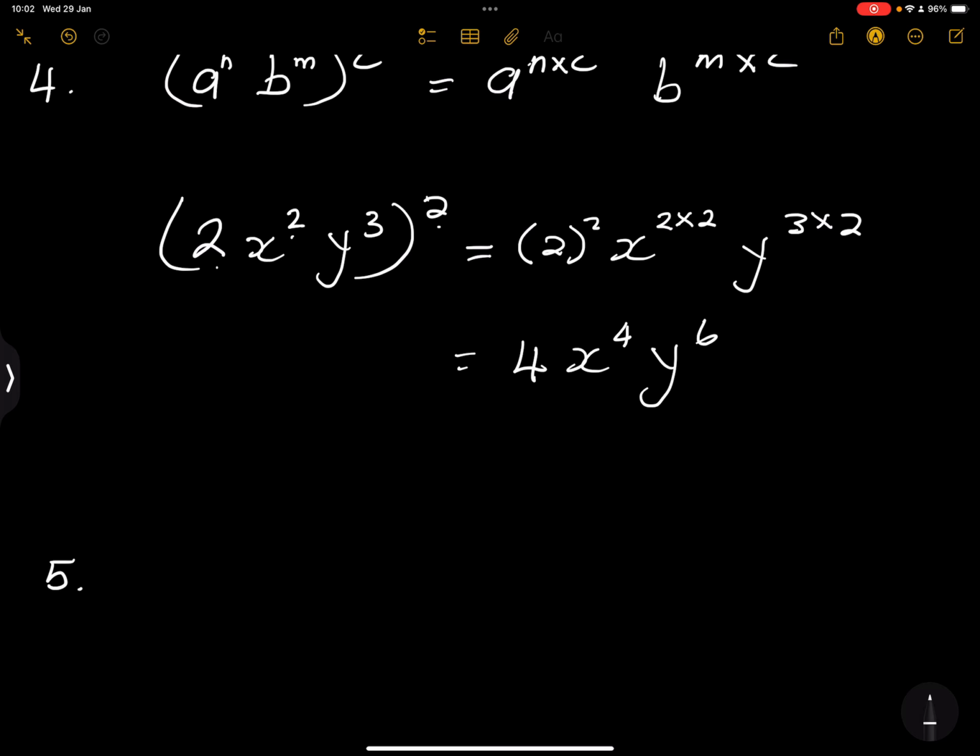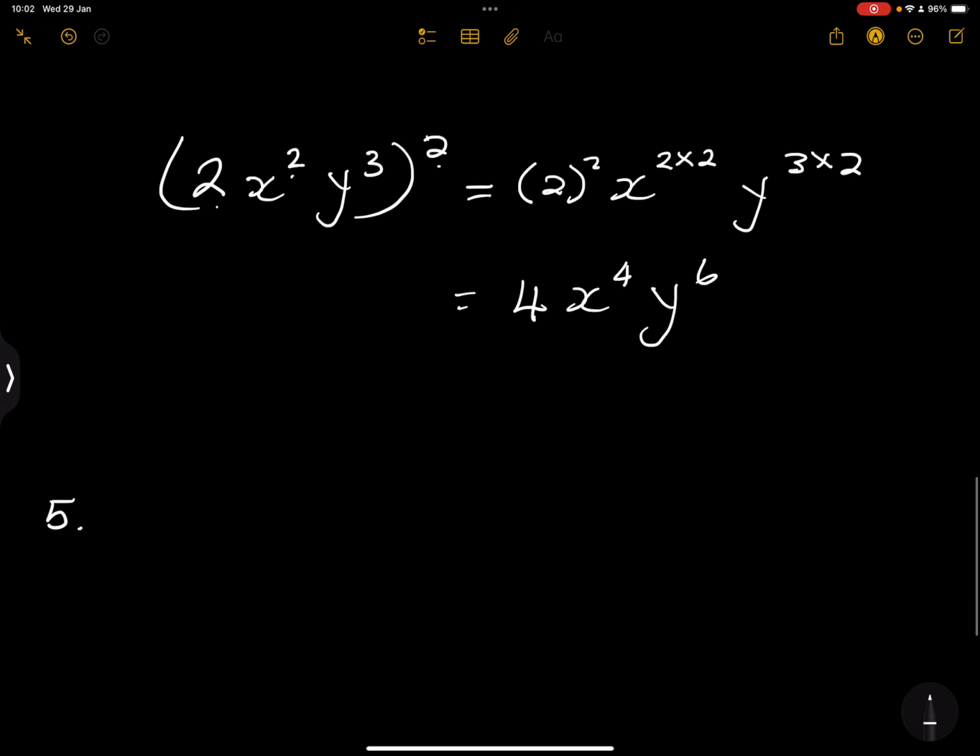I'm going to talk about the laws, and thereafter I am going to go into just the definitions. Now, if I've got something similar, I am dividing exponents with different bases. Let's say a to the power of n over b to the power of m, raised to the exponent of c. In this case, when a fraction is raised to a power, both the numerator and the denominator are raised to that power.